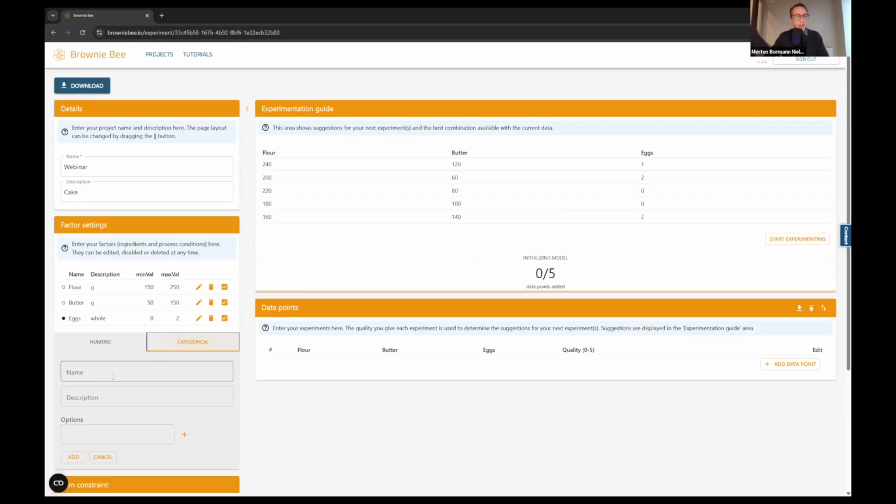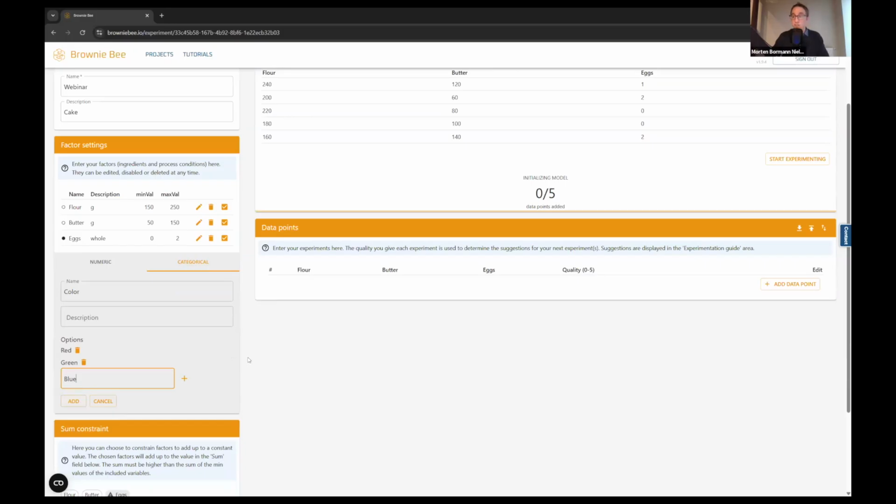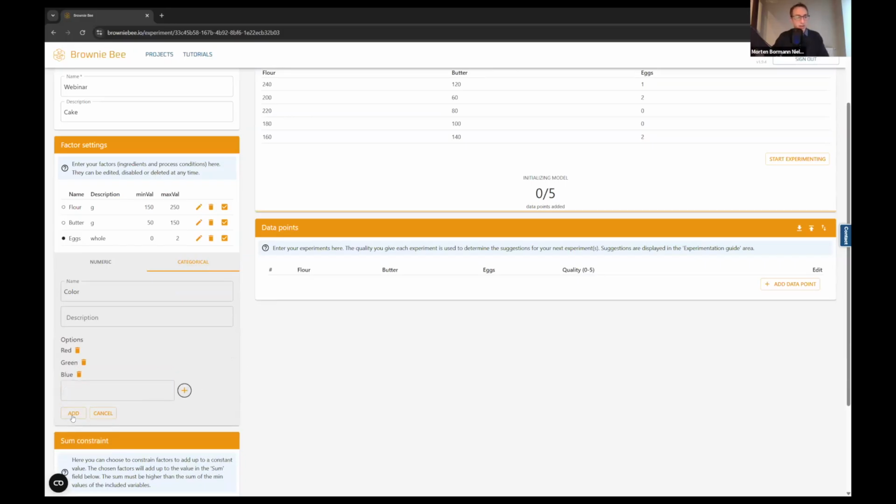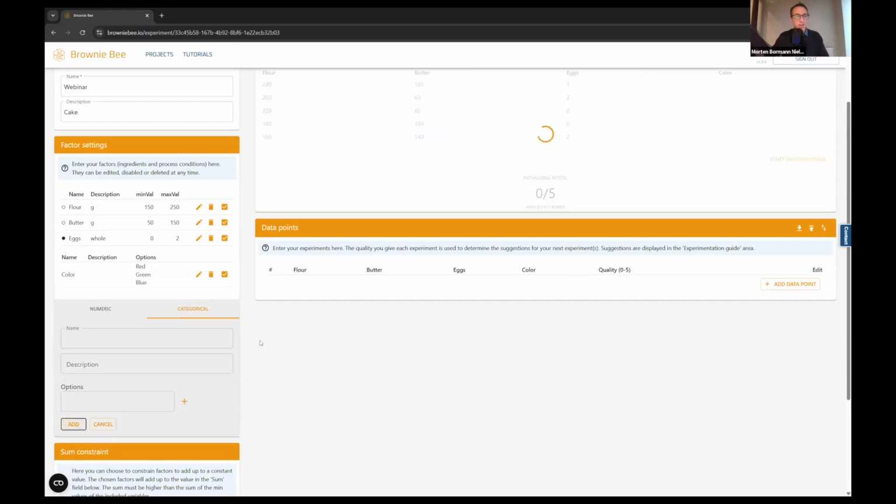And maybe we also want to add a color to this cake. So a category here. If you have a 9-year-old like I do, you might be popular if you add fancy colors to the cake. So I'm going to add a couple of categories here and set it up.